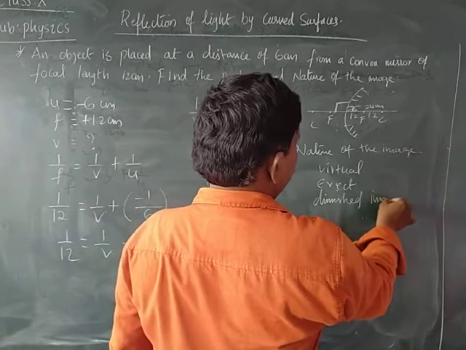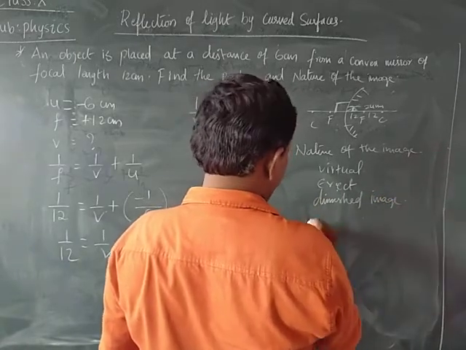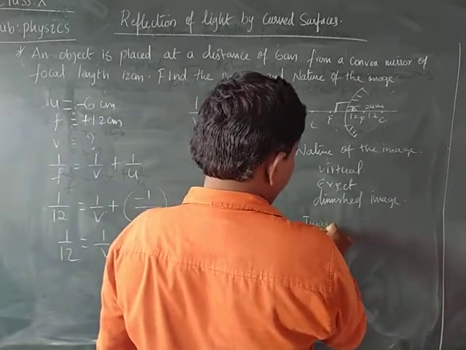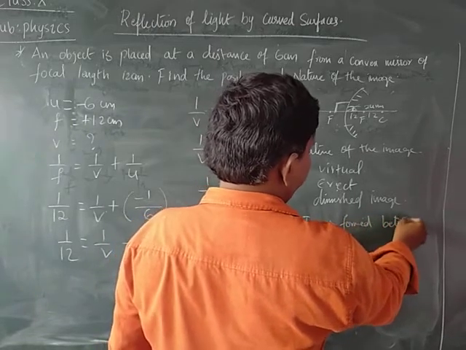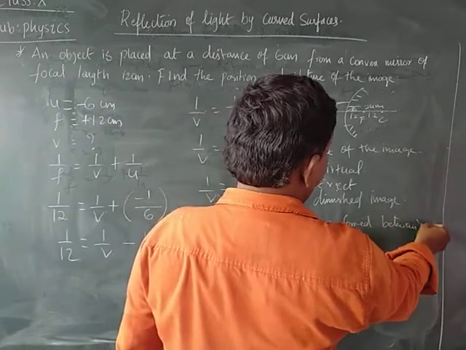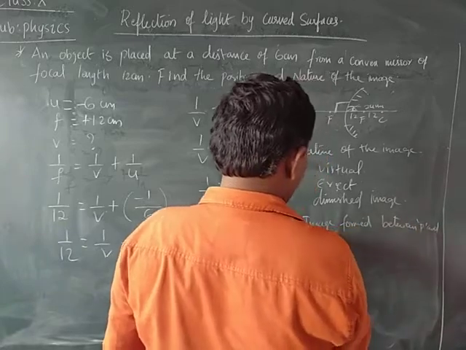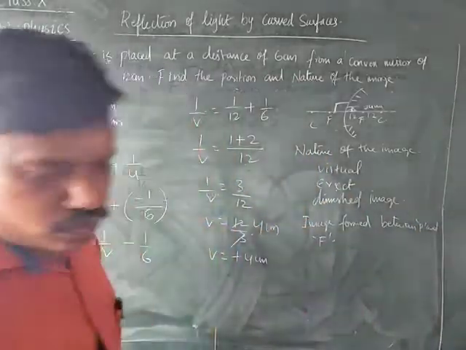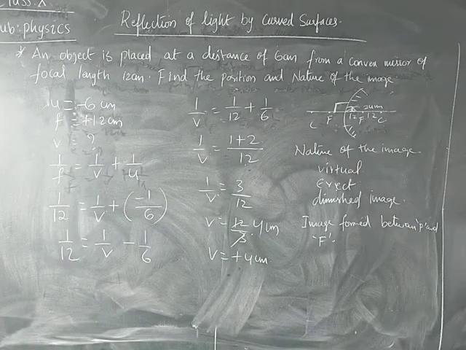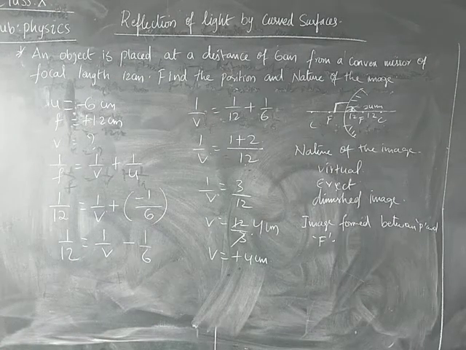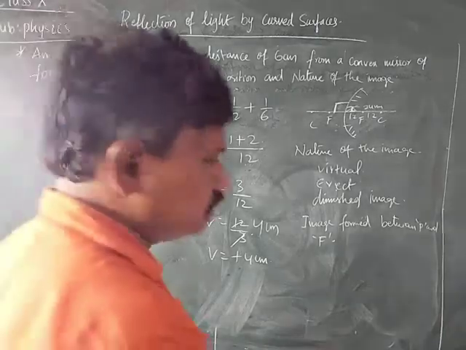Diminished image, and the image is formed between P and F. This is how we should solve the problem of the convex mirror, children. Okay, this is how we should solve the problem of the convex mirror.